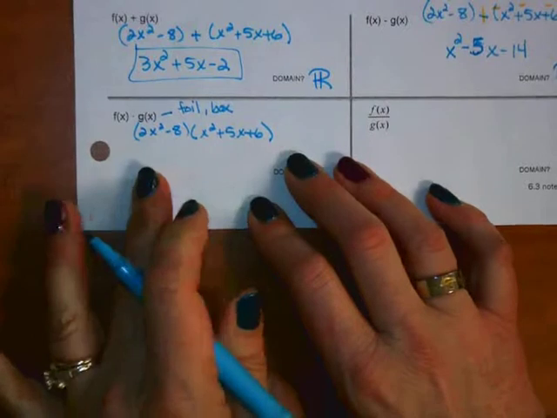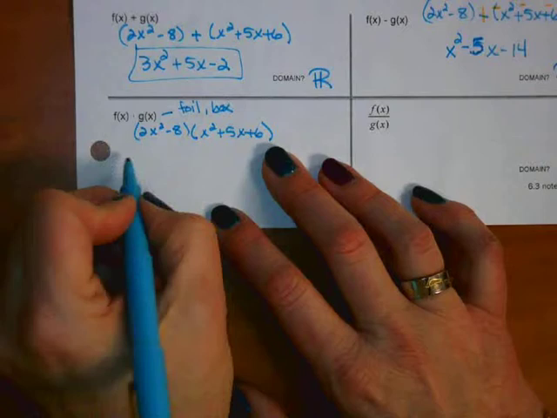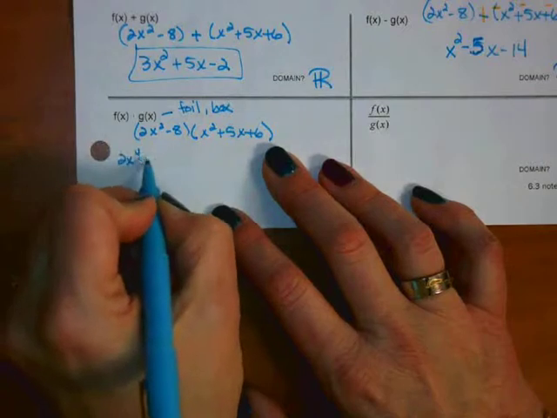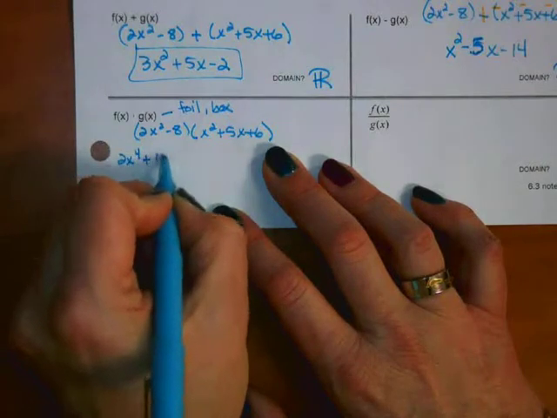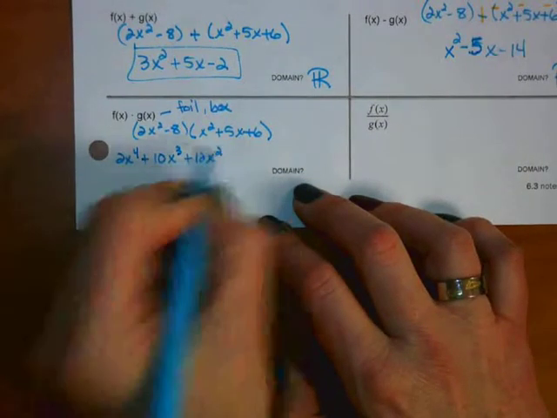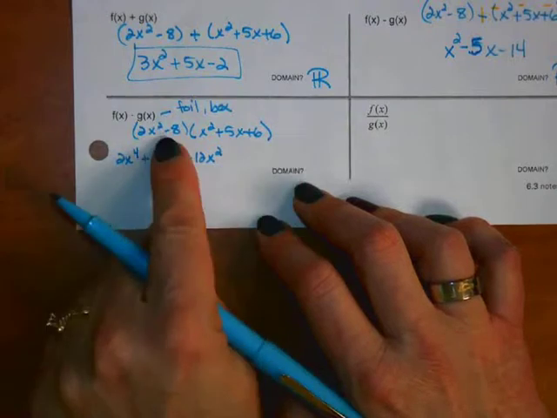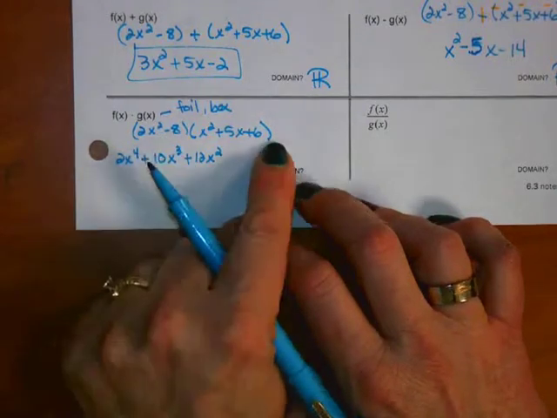I'm just going to FOIL because it's quick for this one. 2x squared times x squared is 2x to the 4th plus 10x cubed plus 12x squared. That's 2x squared times all of those. Then I'm going to do negative 8 times all of these.